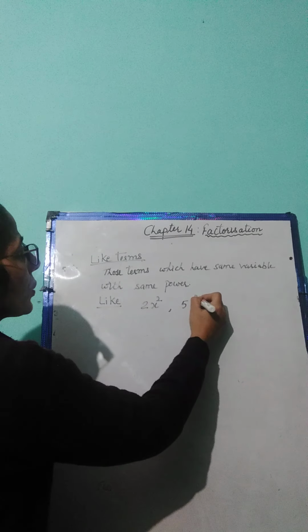You know what are the variables? Do you differentiate between variable and constant? What are variables? Unknown terms are called variables. Fixed quantities are called constants.